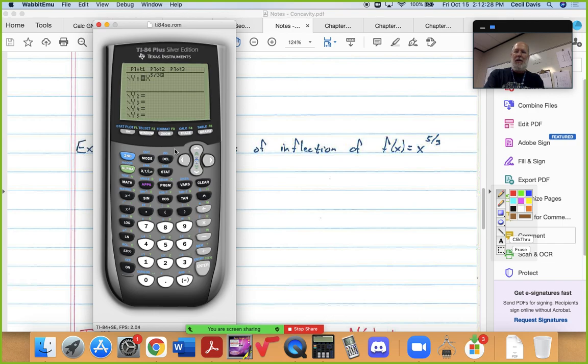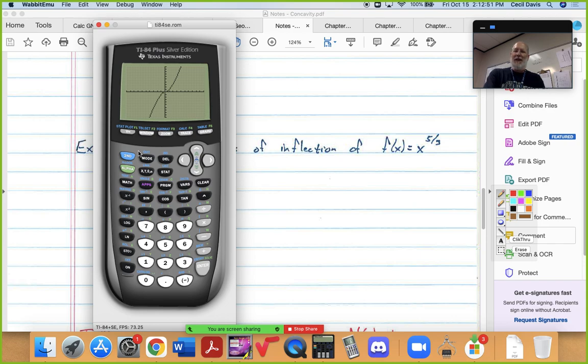This looks like a pretty standard graph. Up. Looks like x to the third. You mean the cube root of x?